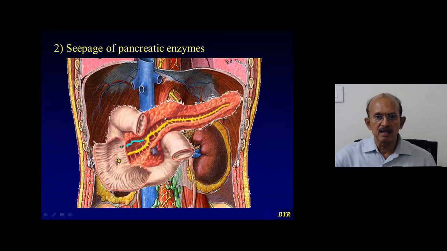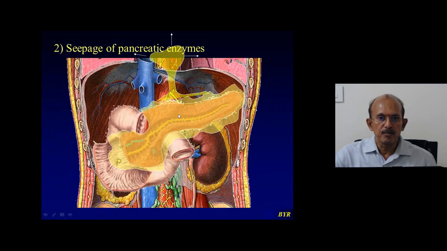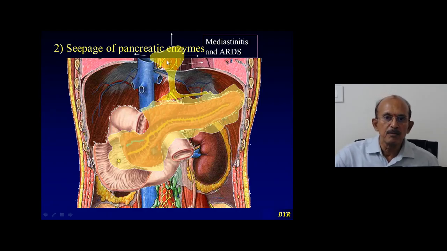Now, when the pancreatic acinar cells are damaged, what will happen? Let's see. This is an inflamed pancreas. It is very much swollen. There is necrosis of the pancreatic tissue. So there is liberation of enzymes in the peripancreatic tissues along with inflammatory fluid. Now these exudates pass along the aorta and inferior vena cava, through the opening for the inferior vena cava and the opening for the aorta, into the thoracic cavity, into the mediastinum.